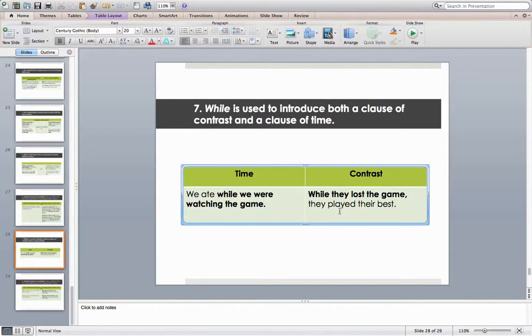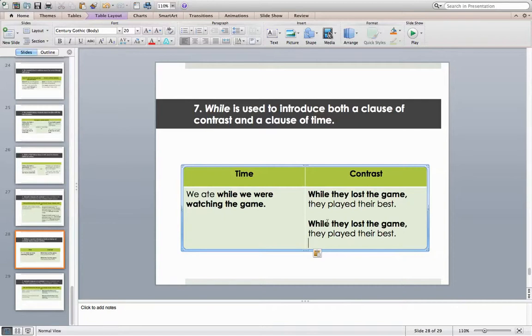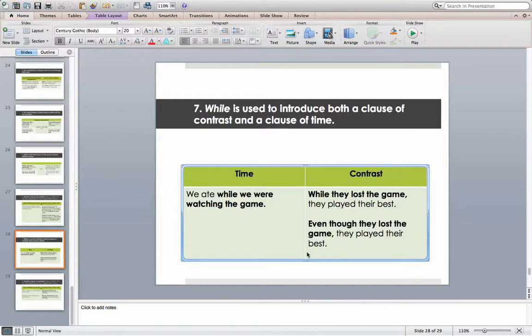Here, while they lost the game, they played their best. It means the same as even though they lost the game, they played their best. Means the same thing. I'll put in a little equals there.